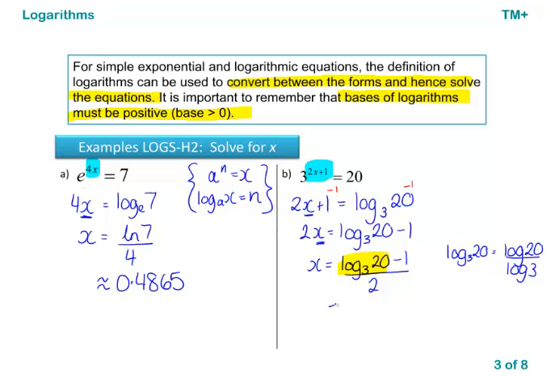Plugging that into my calculator, I have log of 20 divided by log of 3, subtract 1, and divide that whole thing by 2, and I get approximately 0.8634 to 4 decimal places. So we're just rearranging our exponential into a logarithm. You do that every time you want to find an unknown that's in a power.